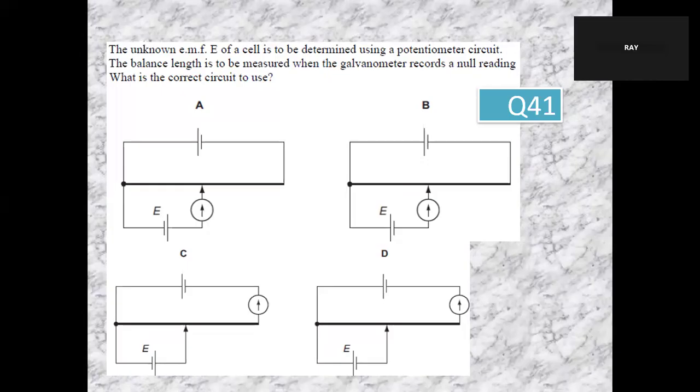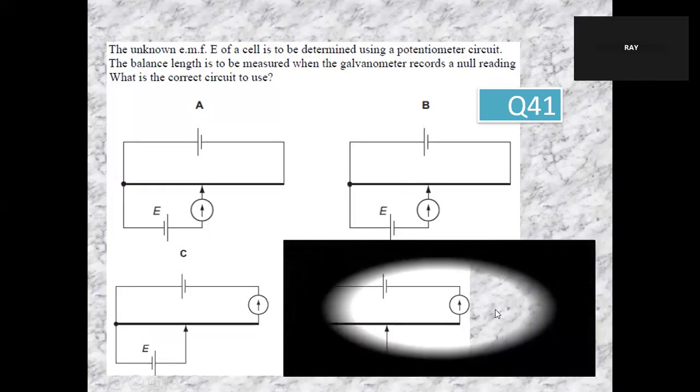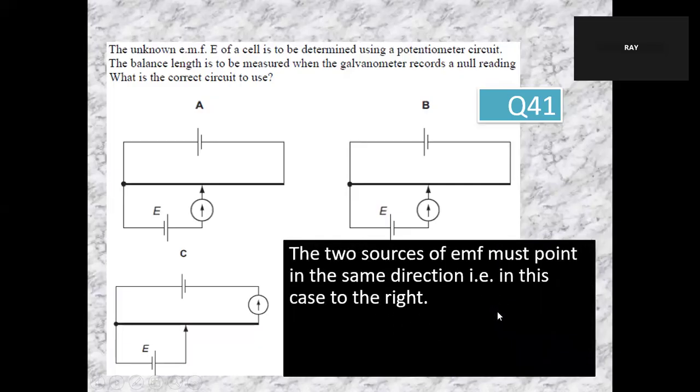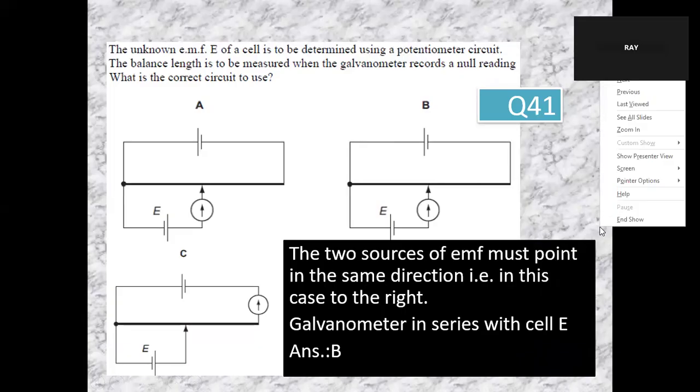If you are aware of your potentiometer, you should be able to say straight away, this is the one. Two sources must be facing the other side. Galvanometer in series with this one, not this one. Memorize.